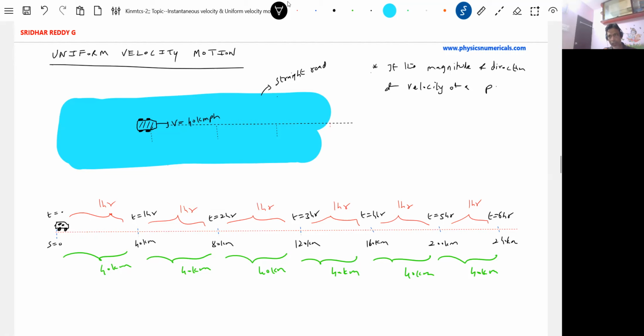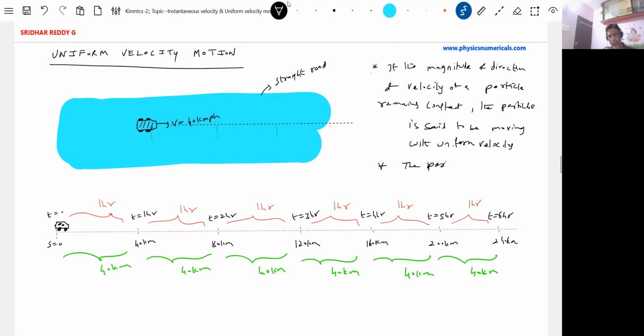Velocity of a particle. Particle means here the car. Particle remains constant. It is said to be moving with uniform velocity.